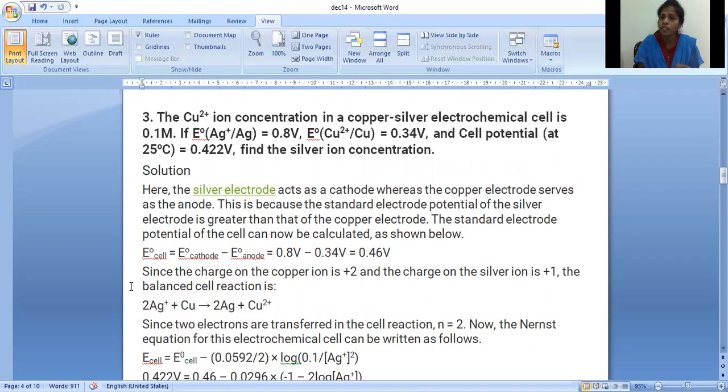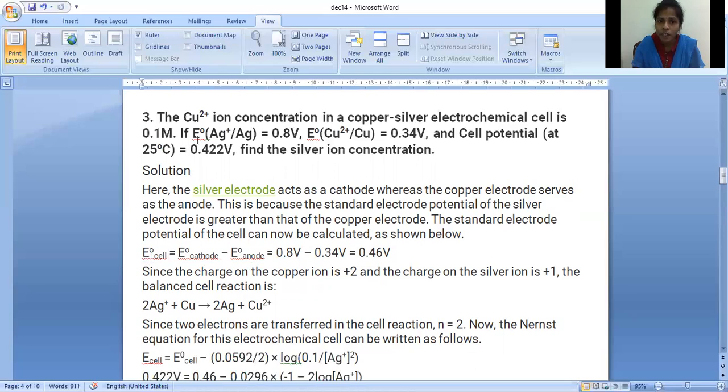You know the EMF of the cell, or EMF of the standard cell. What is EMF? E cathode minus E anode. Numericals of EMF we will do in the next class, as we have already done a numerical. So EMF of the standard cell is equal to E naught cathode minus E naught anode.